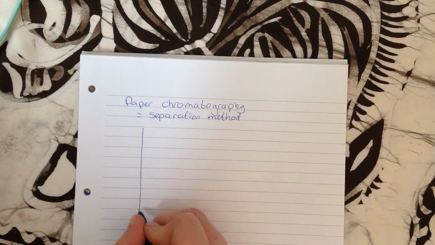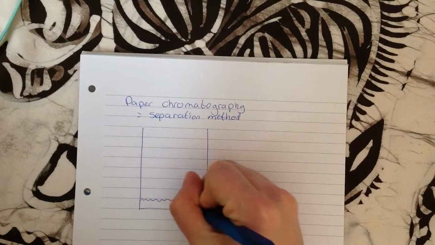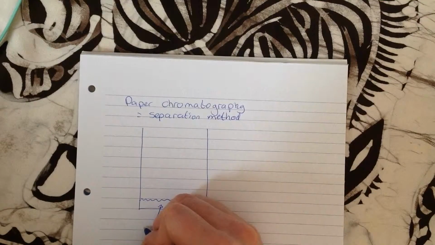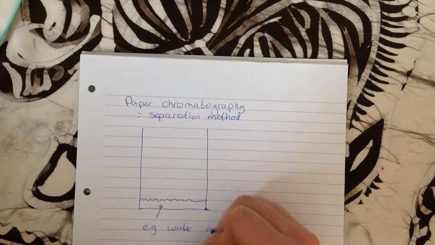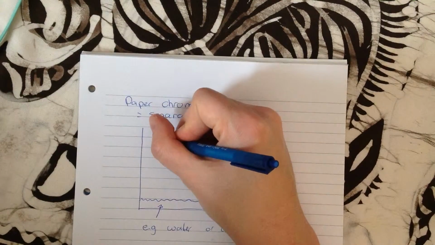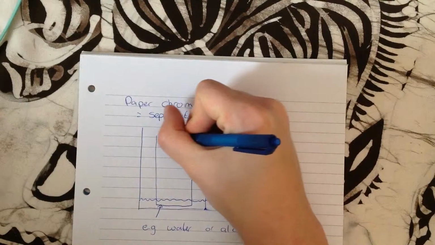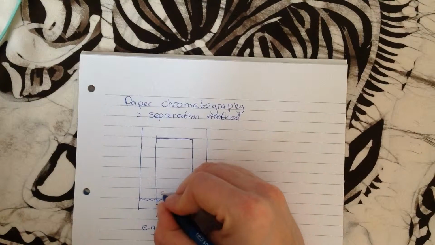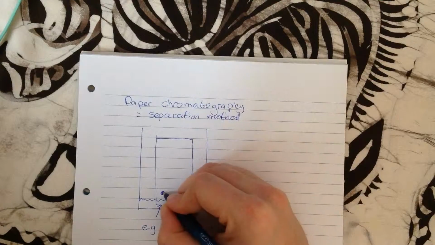What you actually do is you have a cup of water or any other solute. Example given, water or alcohol. And then you put filter paper in it, like this. And then you add some substance here. Mostly you just make some dots of coloring agent, for example.